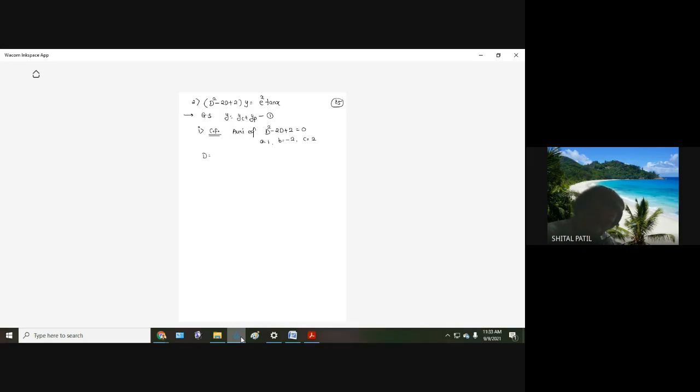So D equals minus B plus minus square root of B square minus 4AC, divided by 2A.